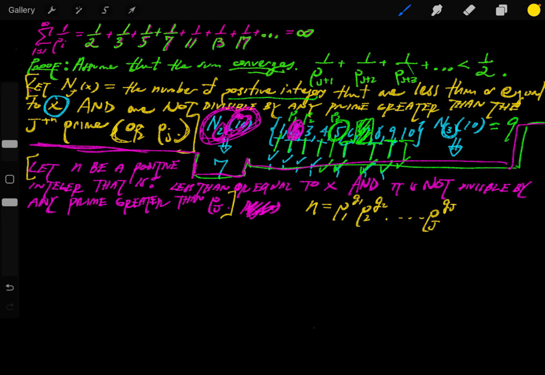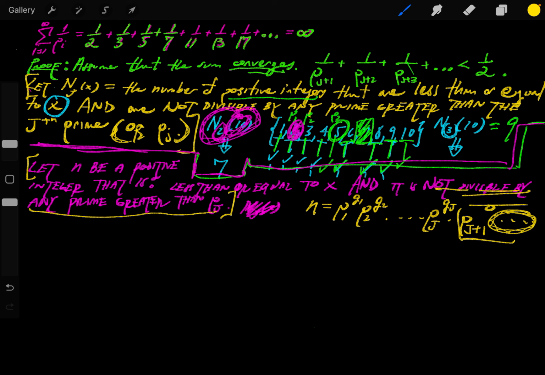Now, as long as I allow for q1 through qj to possibly be 0, n will always be of this form. It could have something like p sub j plus 1, but that exponent is guaranteed to be 0. For all the primes greater than the jth prime, we know that n is not divisible by any prime greater than p sub j.